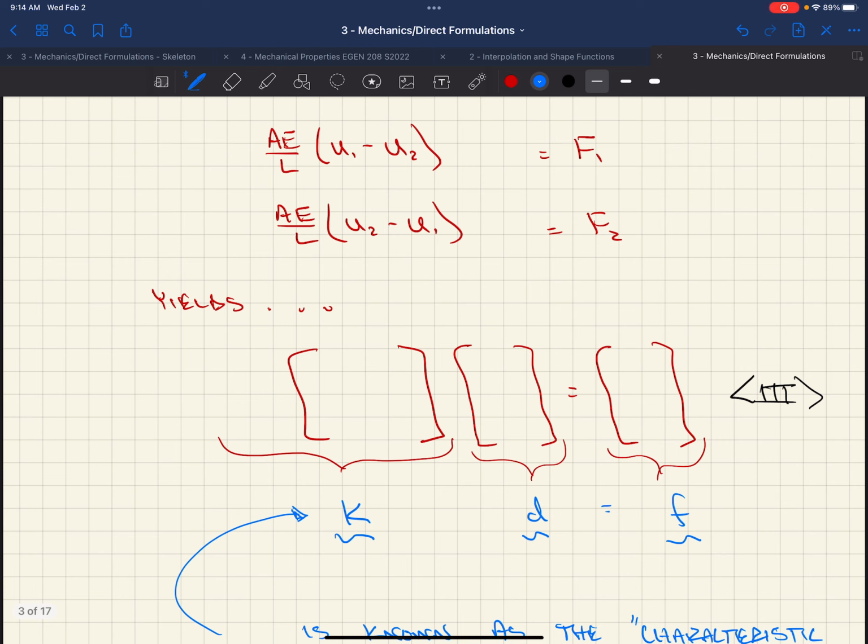So if we take that form, the spring form, stiffness times deflection equals force, well, now we have this stiffness times deflection equals force up there with respect to our element, right? If we pulled out some of our constants, AE over L, it's out in front.